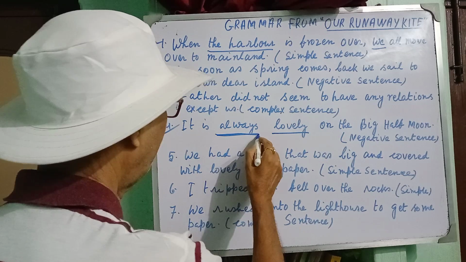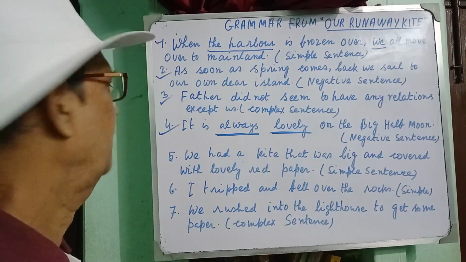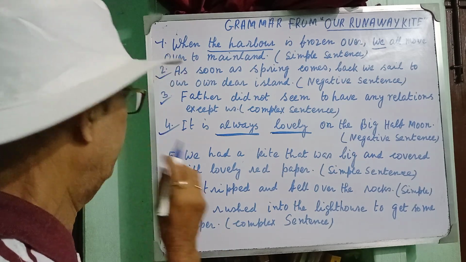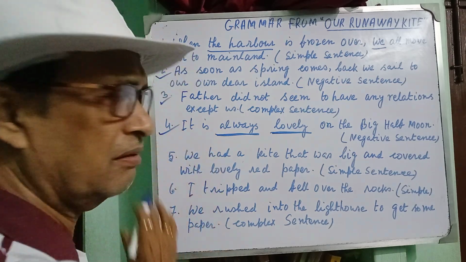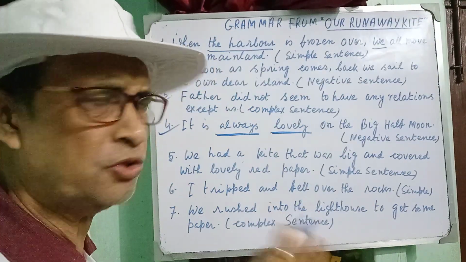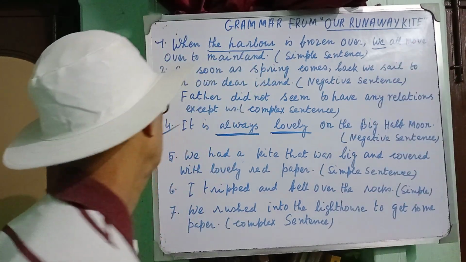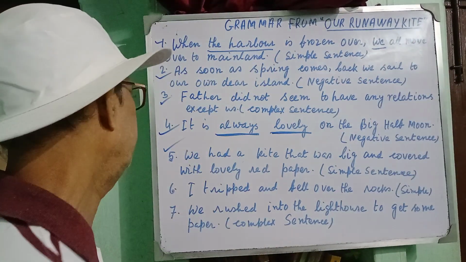Use never for always and the opposite word of lovely. It is never ugly or dull or monotonous on the big half moon. Now come to the fifth item.